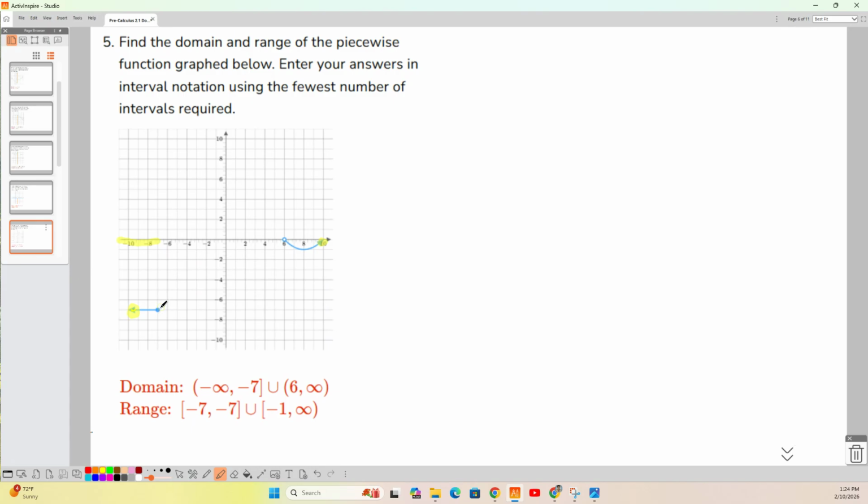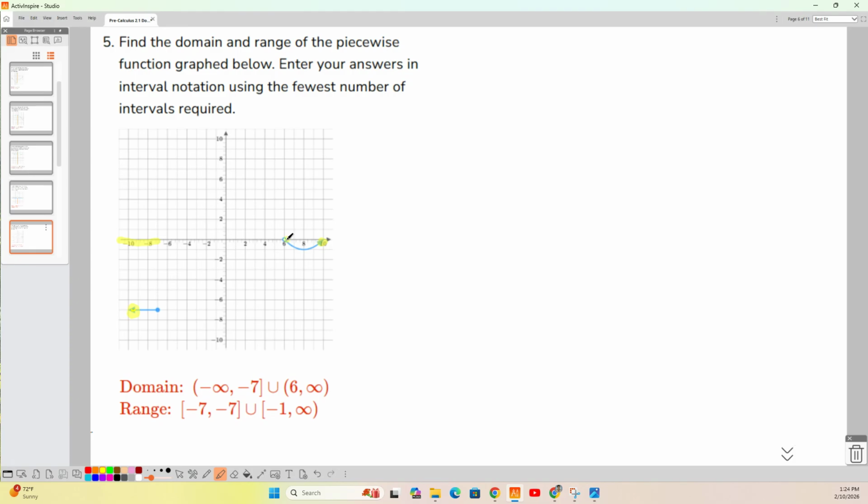So the x value of -7 is included. So we use a bracket with -7. But then there's this big gap in the graph, in the function. We pick up at 6, but not including 6 because of the open circle at 6.